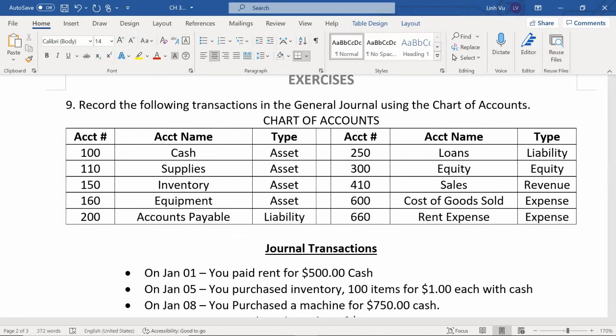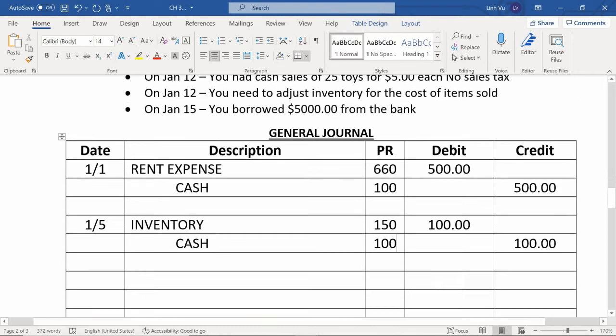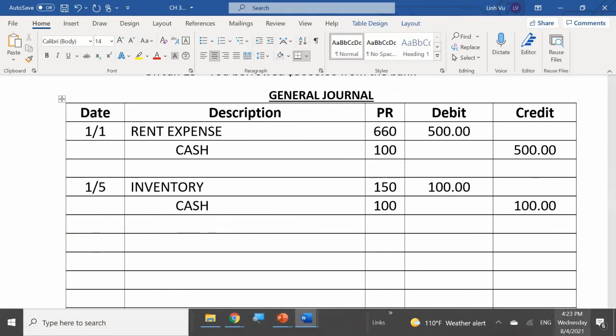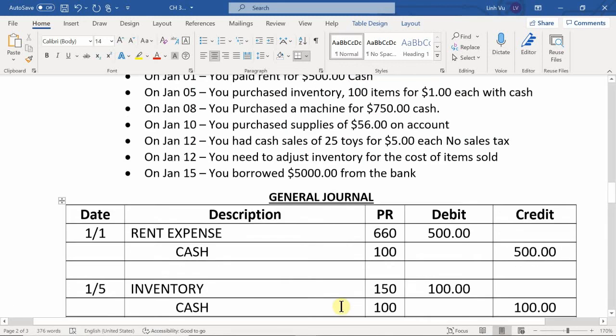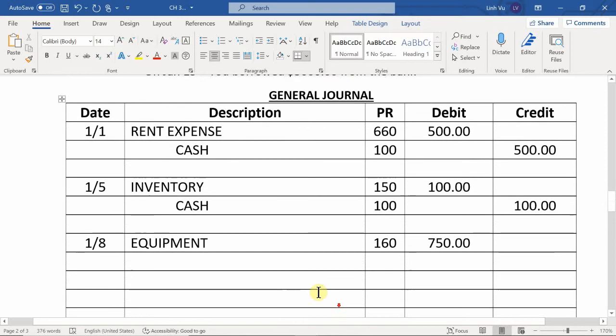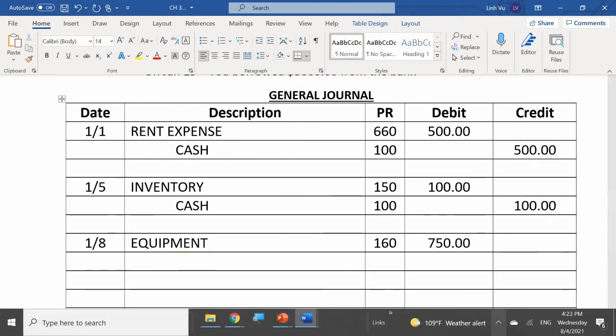So in this case, account number 160, and it's going to debit $750. And we buy with cash, so we have cash, account 100, and it's going $750 to the credit.